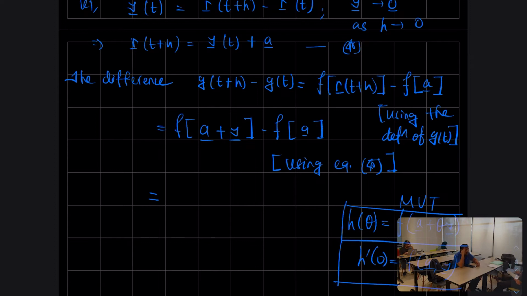So this actually will be the prime here. F prime a with respect to y, which is the same as I think it's going to be f prime a plus theta y, because any point between 0 and y, a plus theta y. There'll be a theta here.